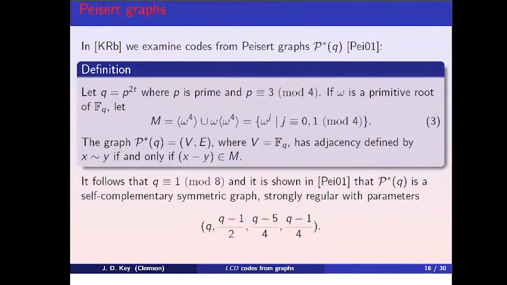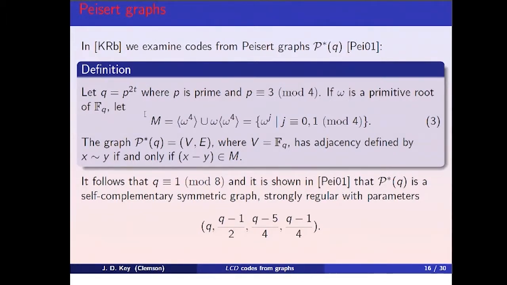This is it, yes. Okay, so it's a similar definition again. Q is p to the t, with 2t, so it's got to be an even prime power.